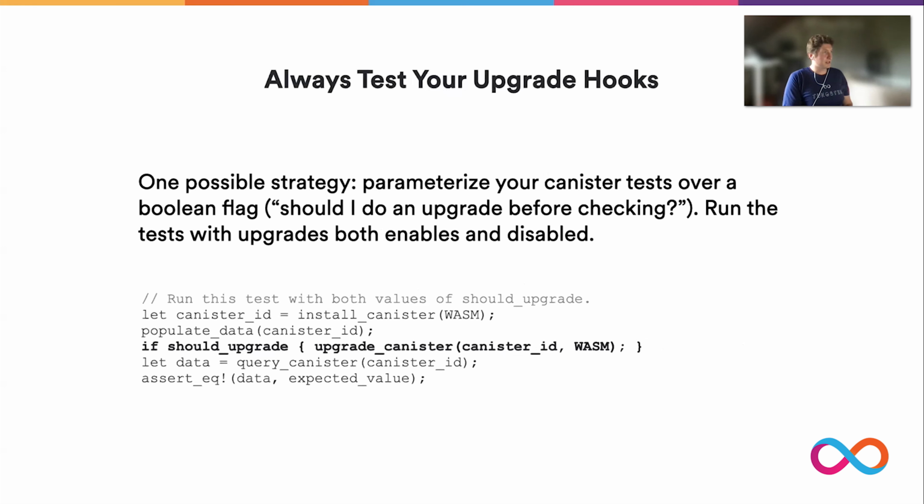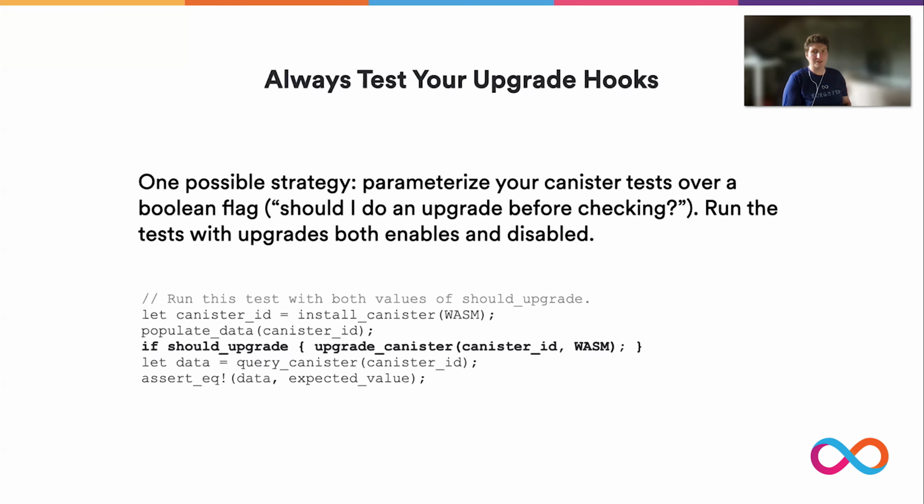So how do you test upgrade hooks? One approach that worked pretty well in practice is to use self-upgrades, as we call it: basically upgrading the canister to its own version. And you do it all the time, basically during the tests. I use Rust syntax in the code, but you can do the same thing in shell scripts or whatever.